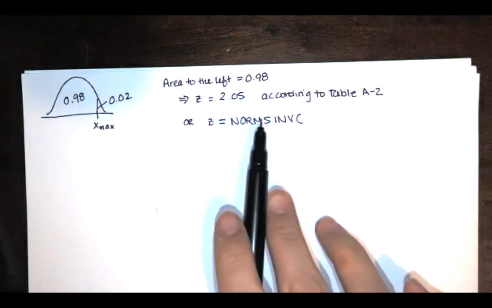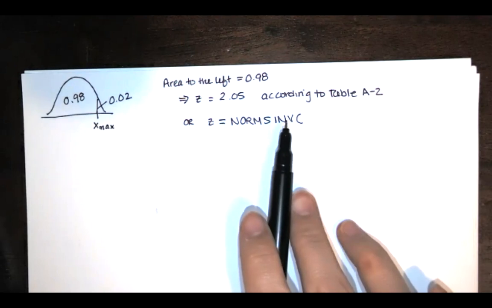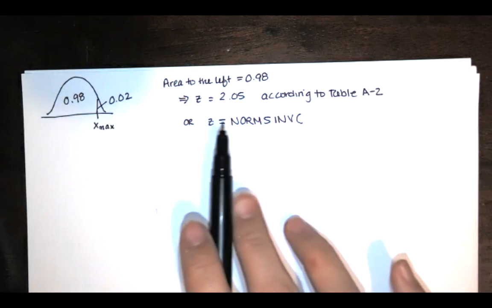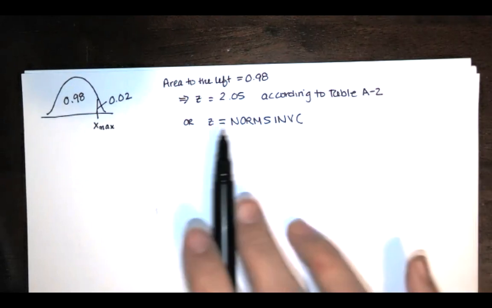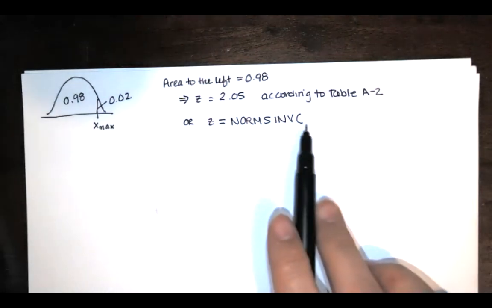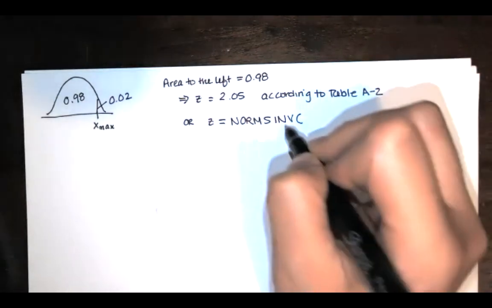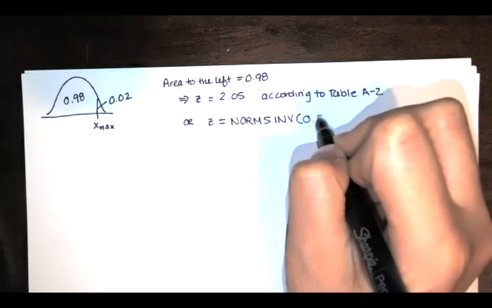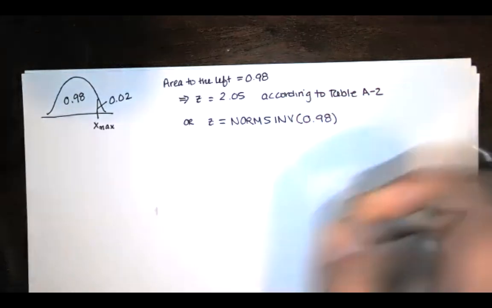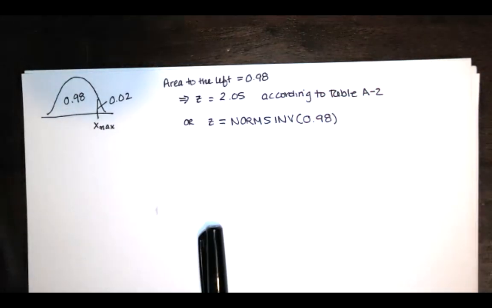Basically, it's for the standard normal distribution, and rather than giving it a z and asking Excel to give you the area, we're giving it an area and asking for the z. That's why it's called the inverse. So we'll type that in, and Excel gives us a slightly more accurate answer.